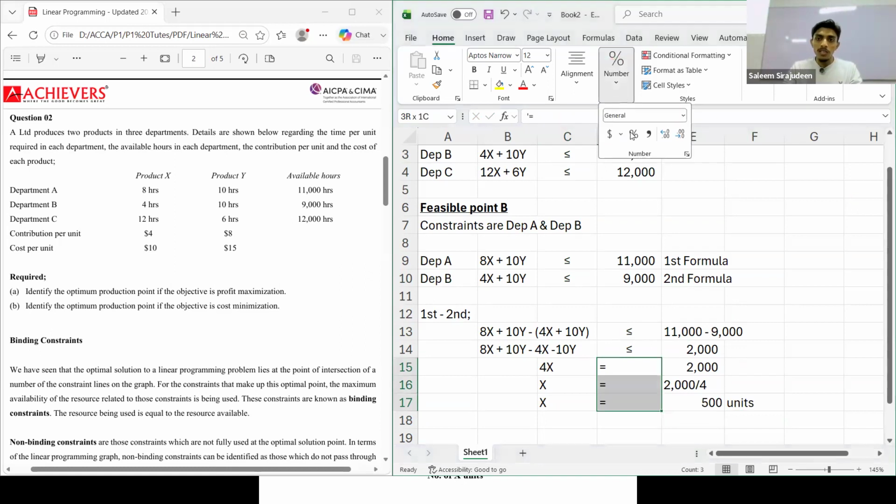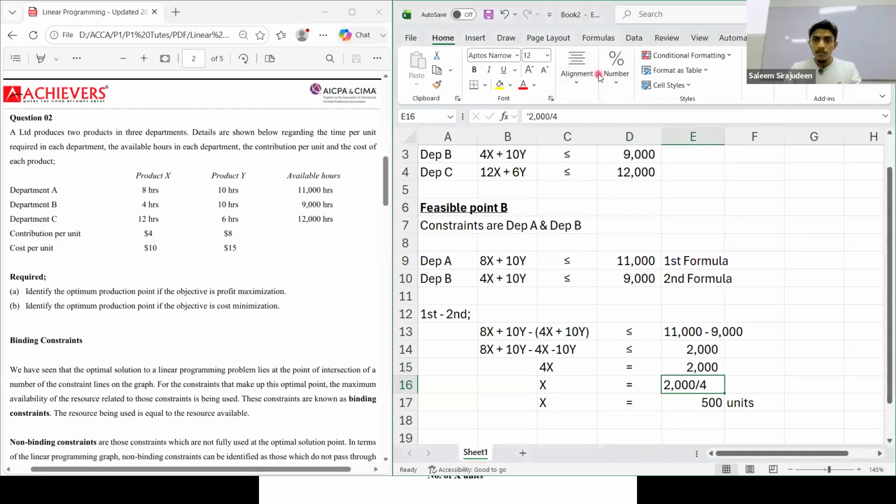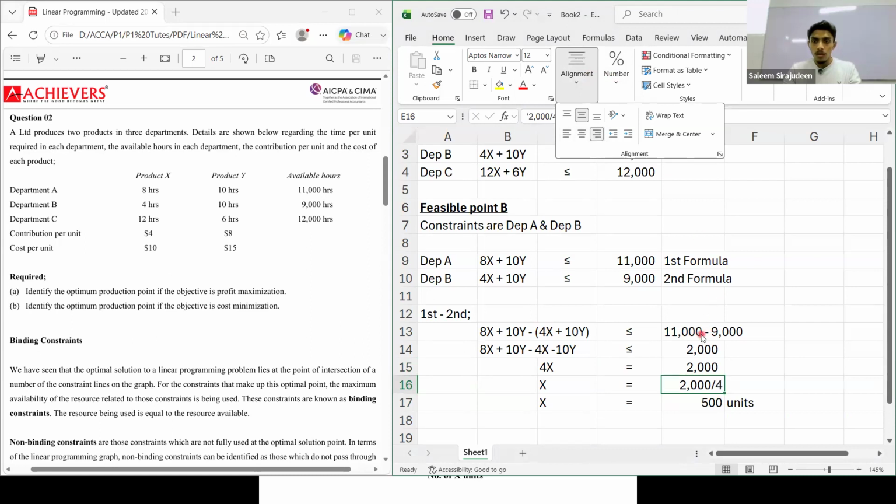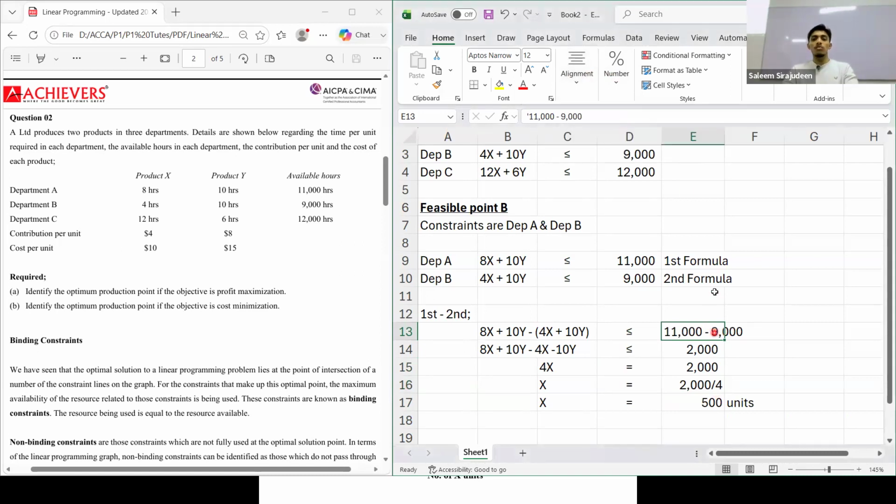Now what should we do? Now x we have found. Next one, what should we do? We have to substitute. We can substitute this x equal 500 into one of these two formulas.